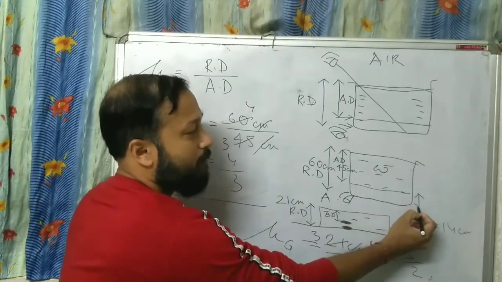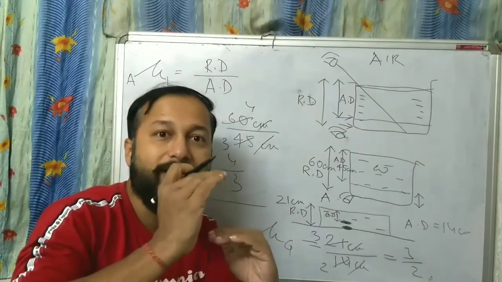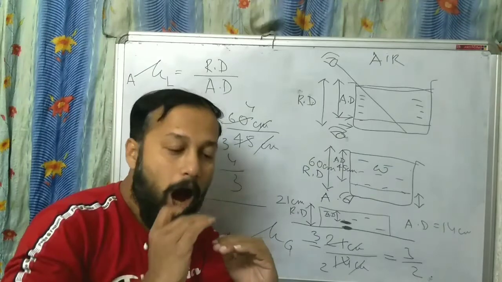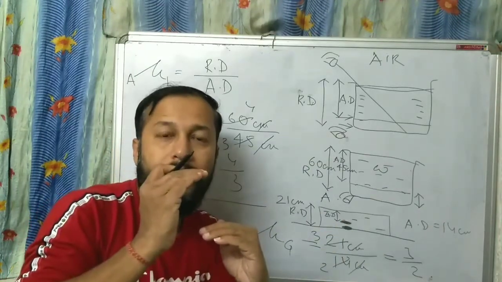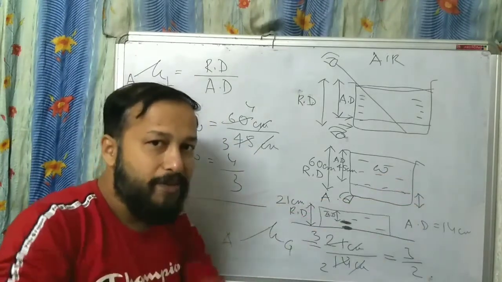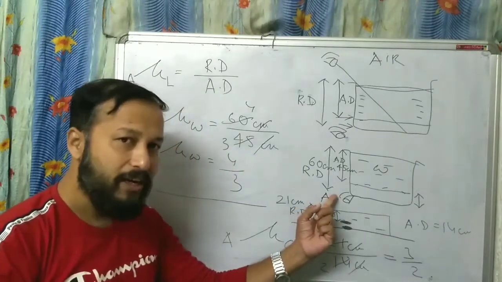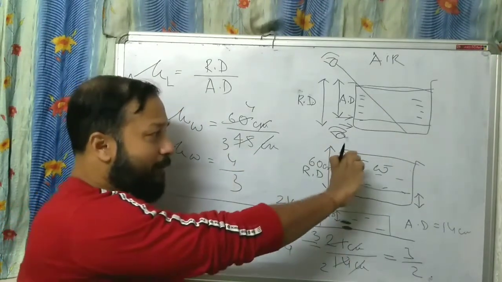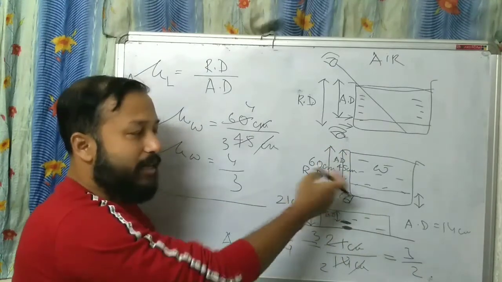Shift is how much the base is raised up. Understood? How much this dot has been raised up, that is called shift. So this is the shift here. And shift means real depth minus apparent depth. From the figure, this is real depth and this much is apparent depth.